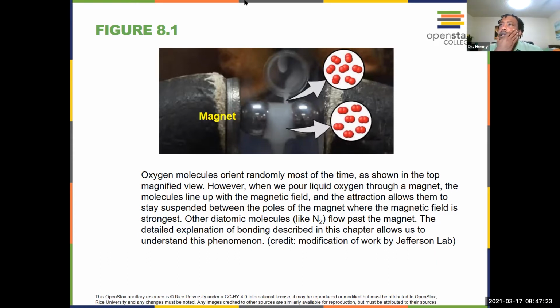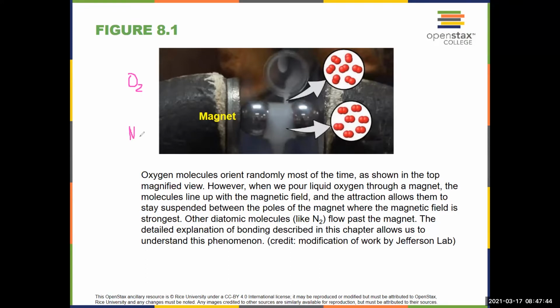So we know that liquid oxygen in its natural state, what is the chemical formula? O2. And nitrogen in its natural state is N2. Okay.